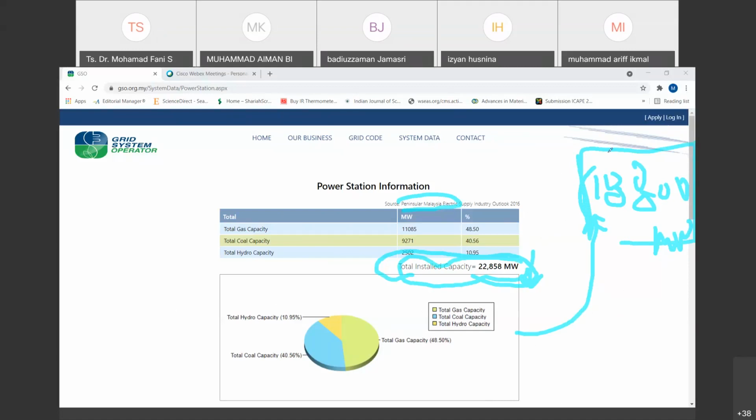Okay, so when this kind of thing happens, the government doesn't have to plan to install any other generation in Peninsular Malaysia. Otherwise, we need to develop many more power generation in the peninsula.